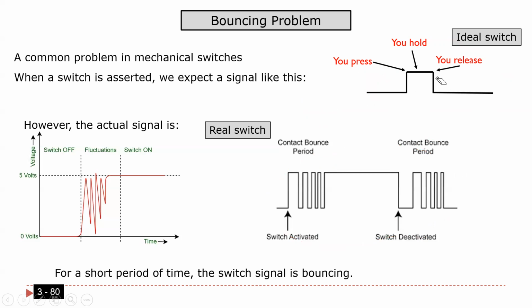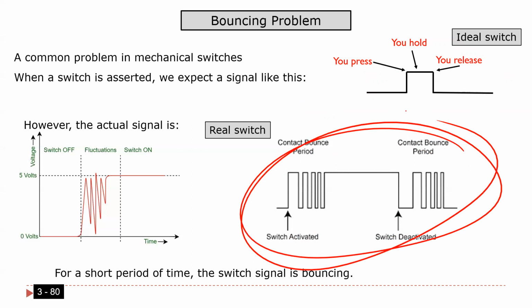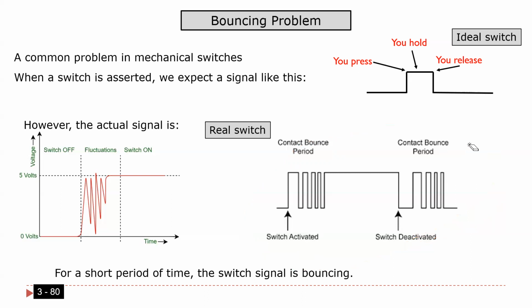The problem is that although here you press only one time, right? You press one time. However, because the processor is fast, the processor will think that you pressed 3, 4, 5 times and it's going to take action 3, 4, 5 times. Why? Every pulse here, every couple of pulses here, the processor will think you press, release, you press, release.